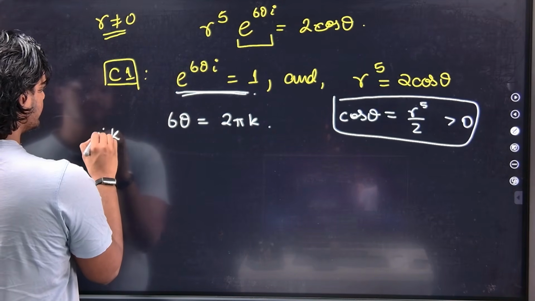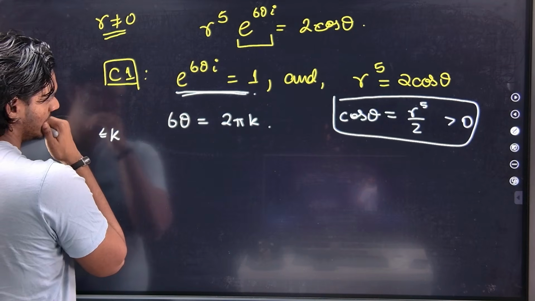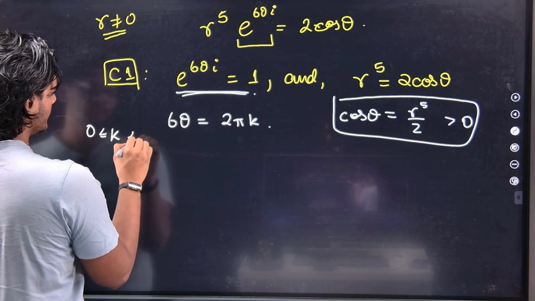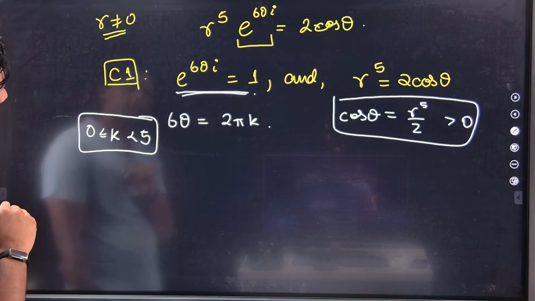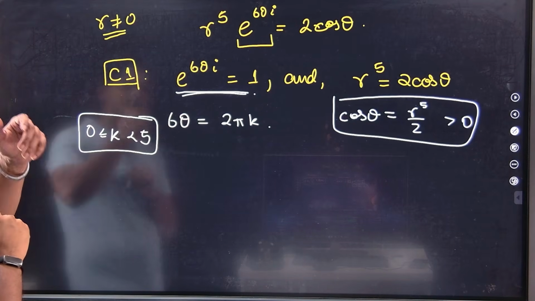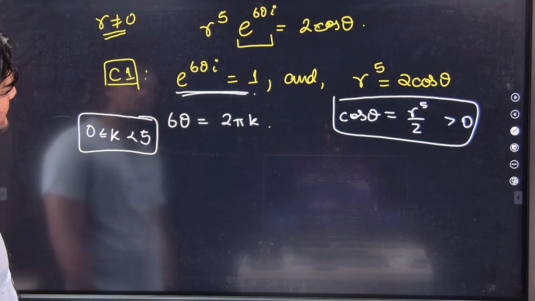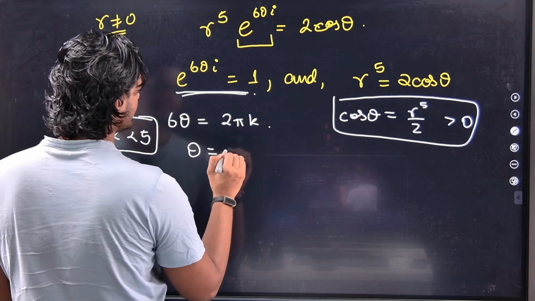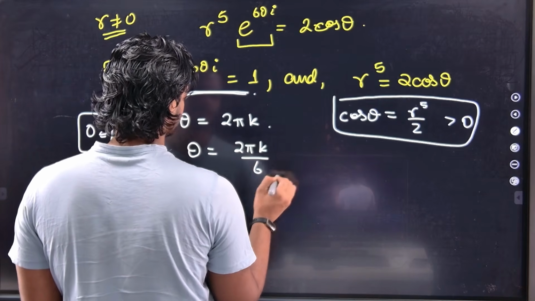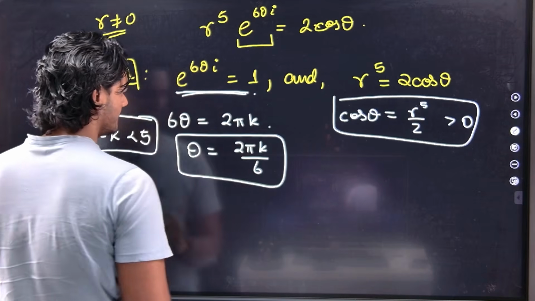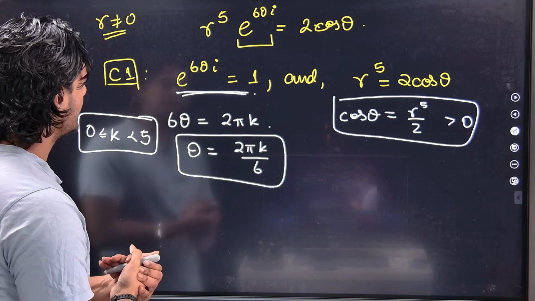And k is between 0 to 5, because we take theta is equal to 2 pi k by 6. It can be at most that, otherwise it's repeating again. Yeah, that makes sense.